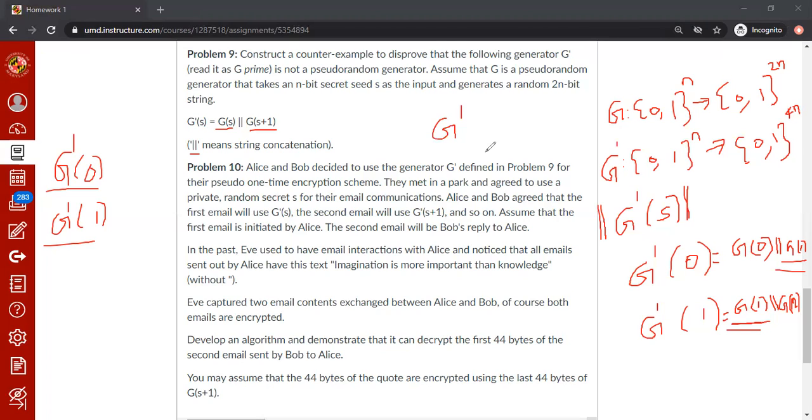If they can query the generator G prime at different points, say 0 and 1, or they somehow manage to obtain a copy of G prime of 0 and G prime of 1, then they can tell about G prime. In a truly random scenario, this can also happen, but what is the probability? Remember, this is 2n bits, this is another 2n bits.